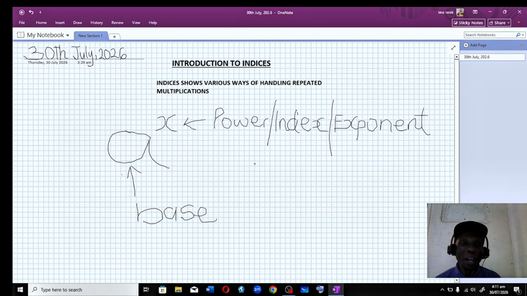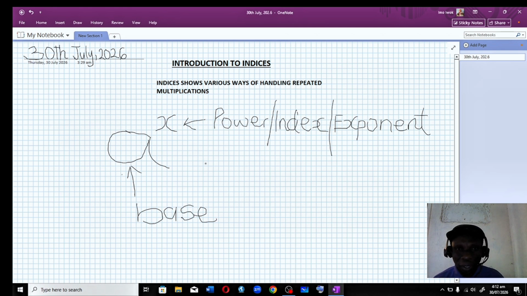Generally, on problems that have to do with indices, all you need to look out for, very important, is to identify the base and also the power. If you can identify the base and the power, then the rest is ordinary applications of the rules of indices. So it's your place to identify the base and the power. Lastly, before we draw the curtains for today's class, there are times when the base is not an integer. What I mean by integer is not a single term, a whole number.